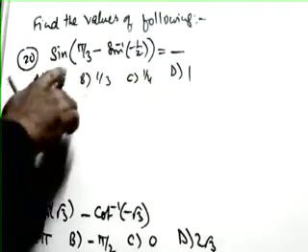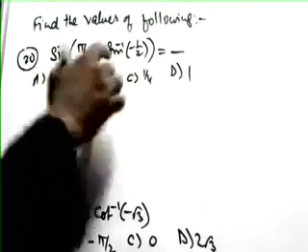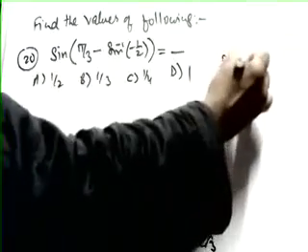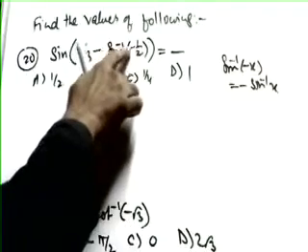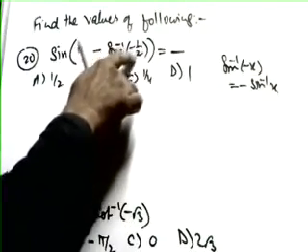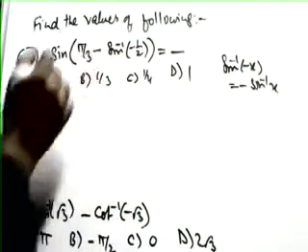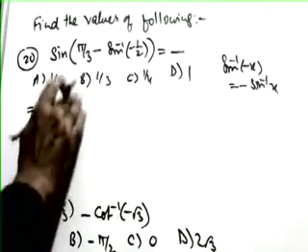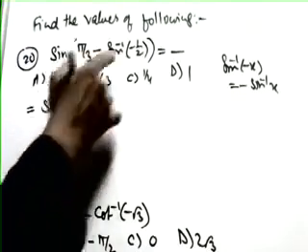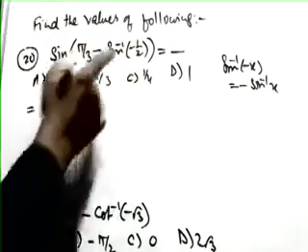Now you see here multiple choice questions. Before going to the question, we know sine inverse of minus x is minus sine inverse x. So you take out the minus here, and minus of minus will become plus. So this will be sine inverse of sine pi by 3, changing into degrees, sine 60 degrees.